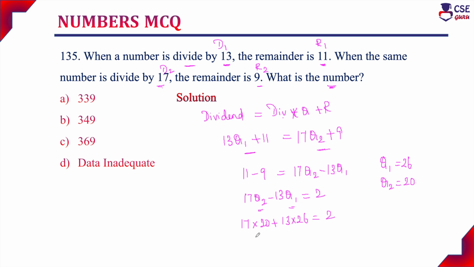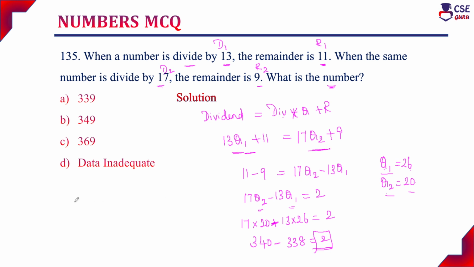So 17 into 20 is 340, minus 13 into 26 is 338. So we will get 2. Okay. So by trial and error method, if you implement q1 as 26 and q2 as 20, we will get the answer 2.